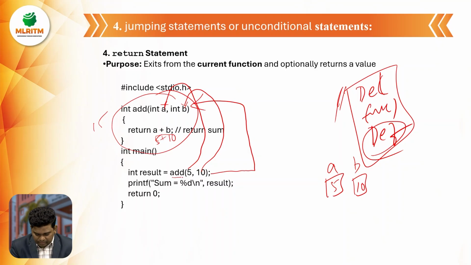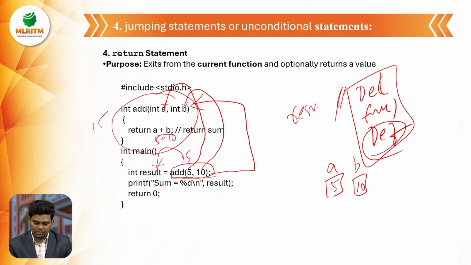Then the compiler goes back to the call and replaces add(5, 10) with 15, because the function returns 15 here. With the equal to, the 15 is stored in the result variable.